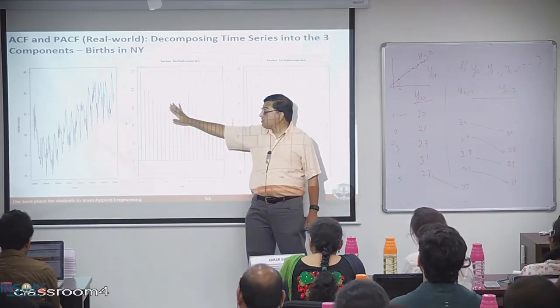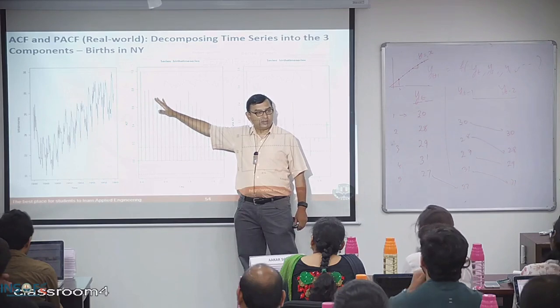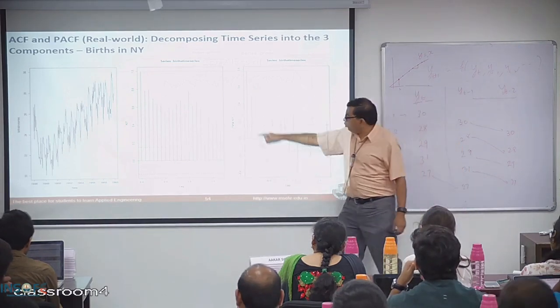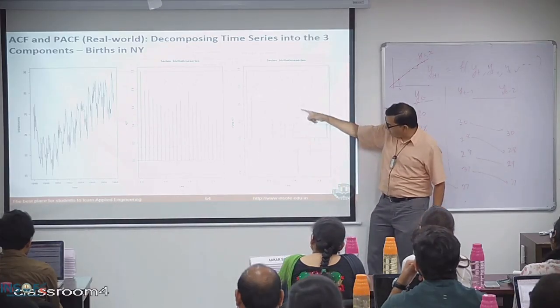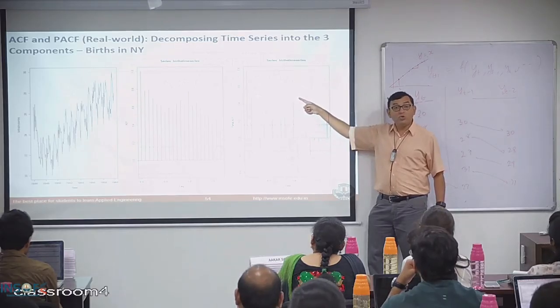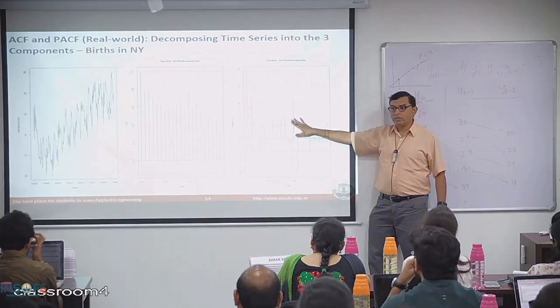So this is indicating it's got a very strong trend component. On the partial autocorrelation function, you do see large values near lag 1, but you also see values picking up near 1 year. That's telling you that you have a seasonality of around 1 year in the data, right?